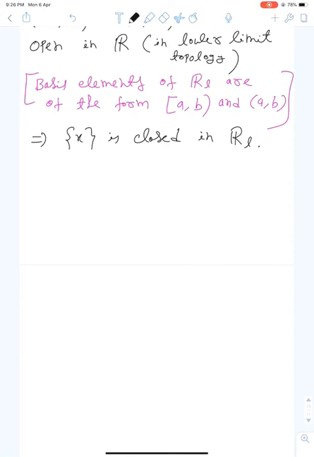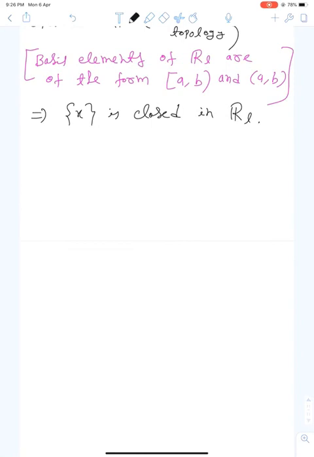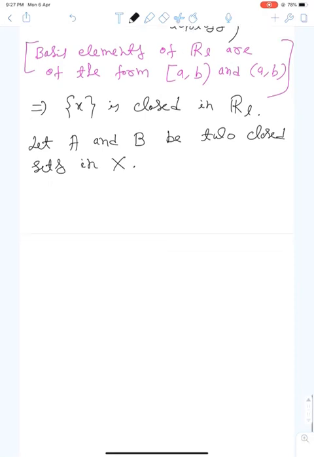So we choose two disjoint closed sets, and we prove that disjoint closed sets are separated by open neighborhoods. So let A and B be two closed sets in X. Okay.